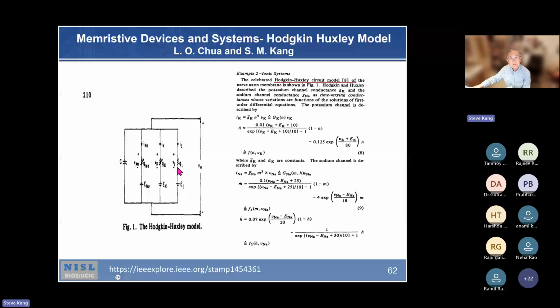Back in the 1976 paper, we identified two memristors in this model, the sodium channel and the potassium channel.